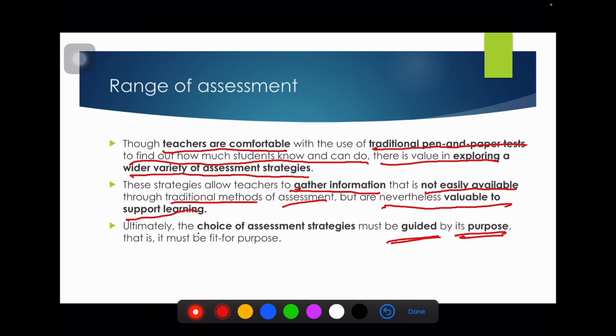So if you choose to use formative assessment, which is assessment for learning, for example, there must be a purpose to why you want to have that kind of assessment. So you need to justify. It must be fit for purpose.